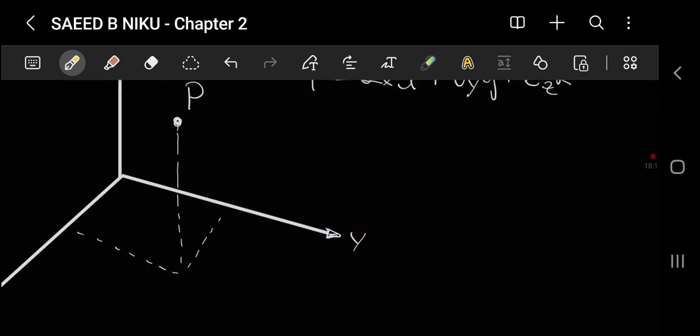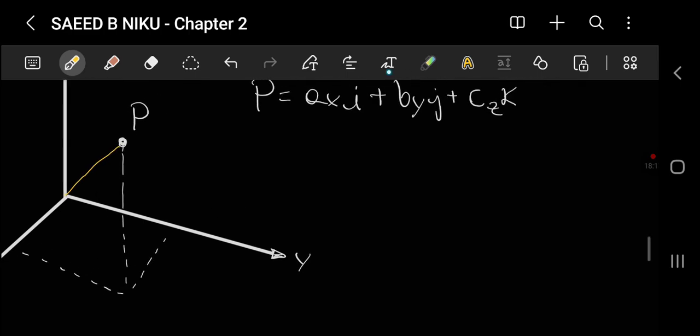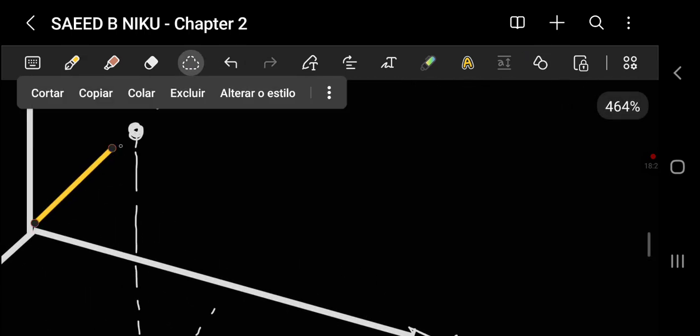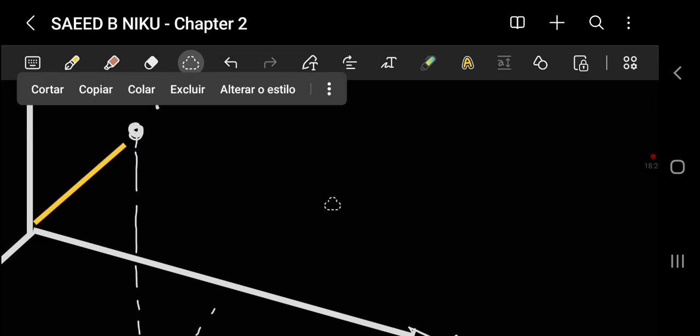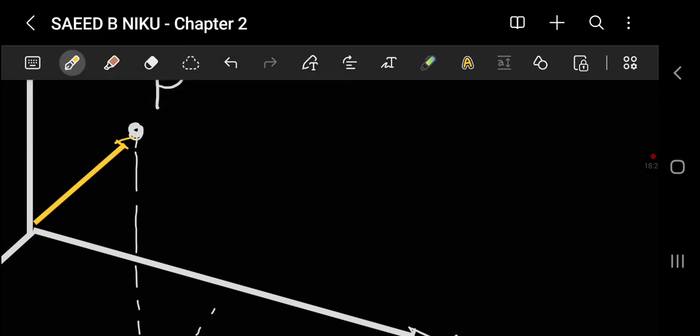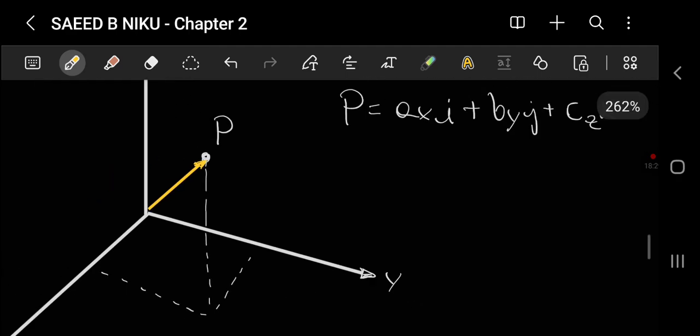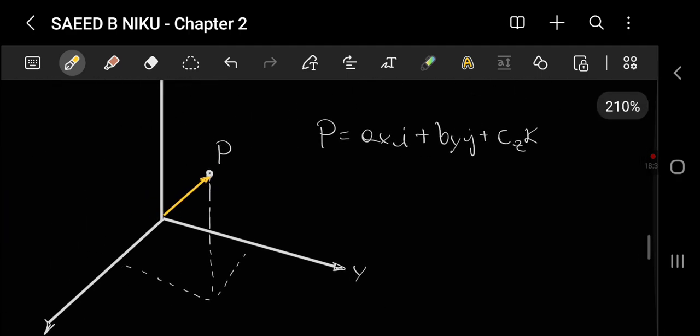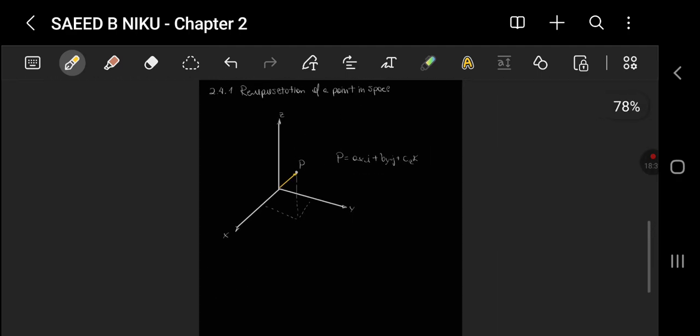And believe it or not, a vector can be represented in the same way. In the same way that you represent a point, you can represent a vector in a space.